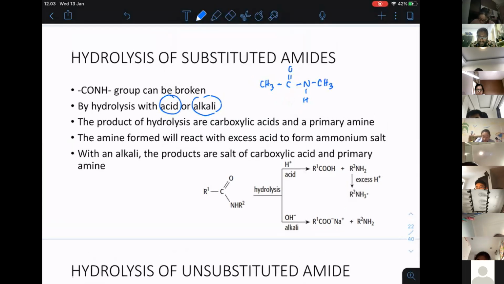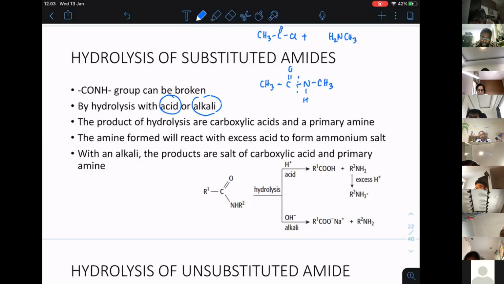In order to form this, how do I form this? I will form this by using CH3, C double bond O, Cl plus CH3NH2. I react an amine and acyl chloride to get this.